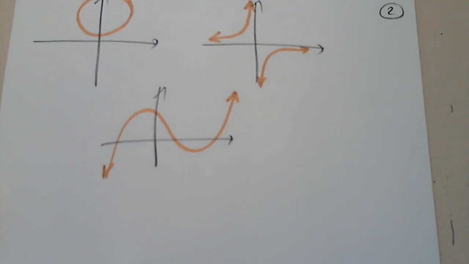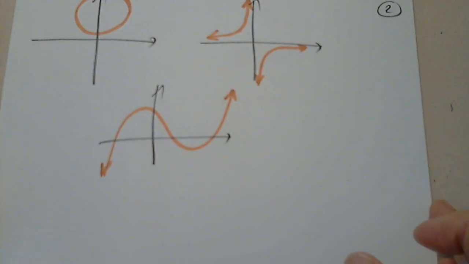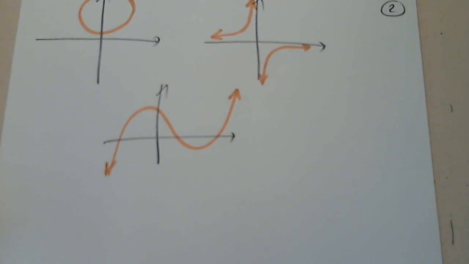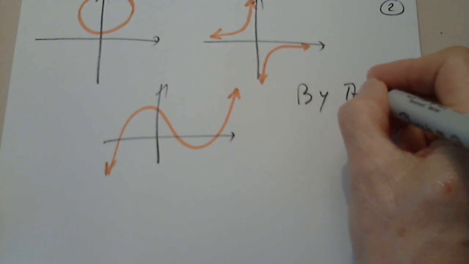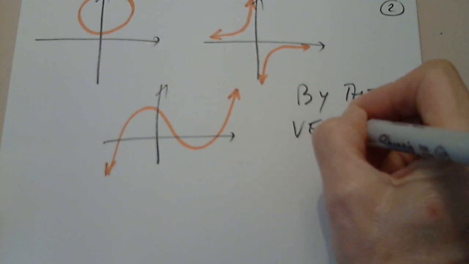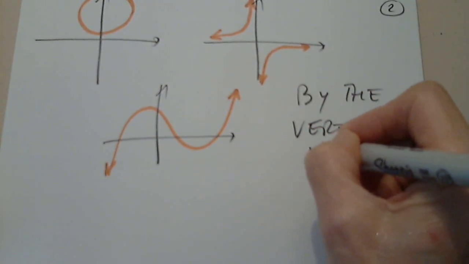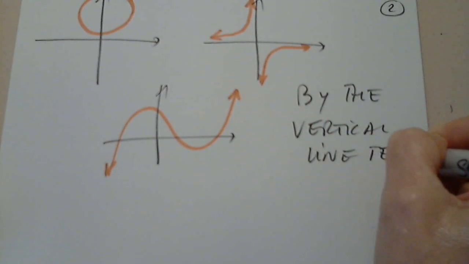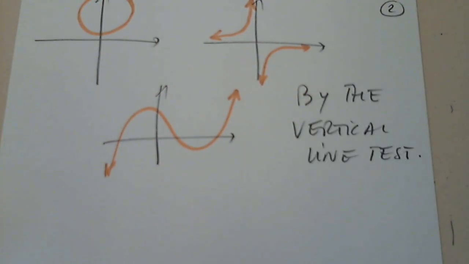How will I identify which graph corresponds to a function and which one corresponds to a relation? And there is a very easy response: by the vertical line test.